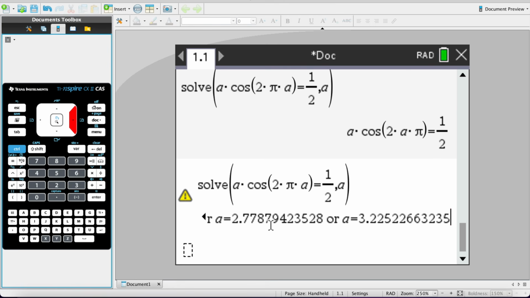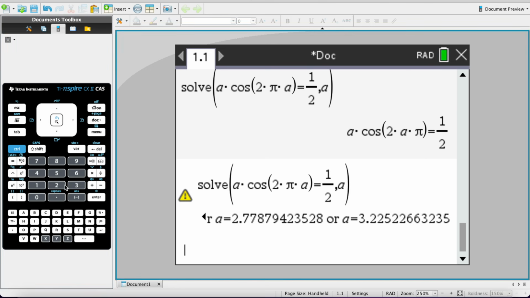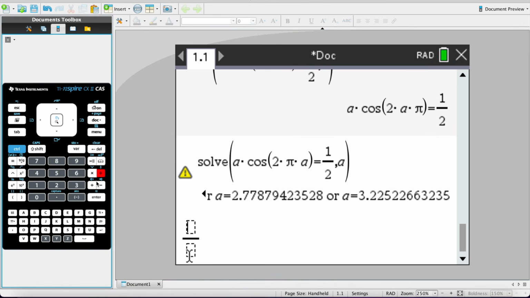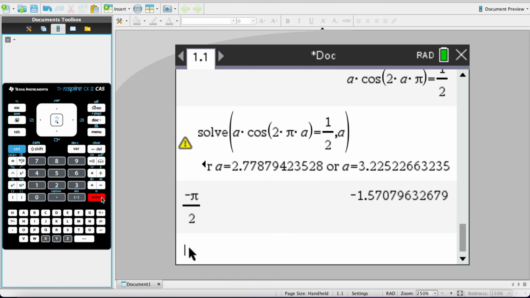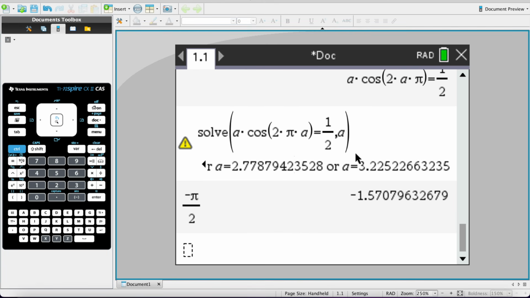Sine 2 pi cos 2 pi a. Looks about right. Maybe it is the pi over 2. Then let's see what pi over 2 is. See, it's 1 point something. Yeah, it's none of these.